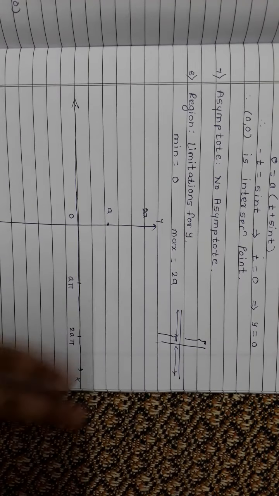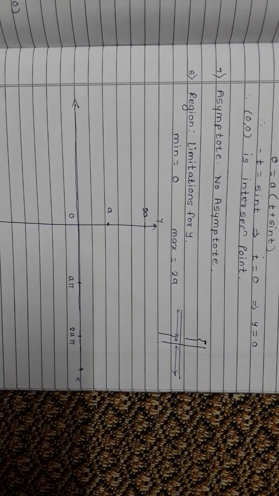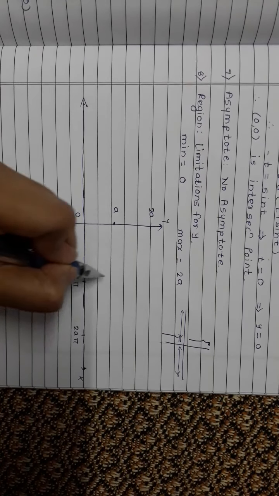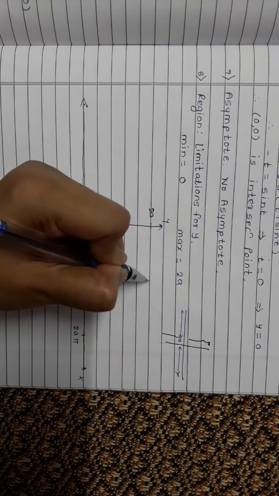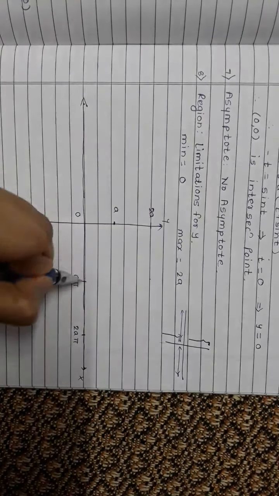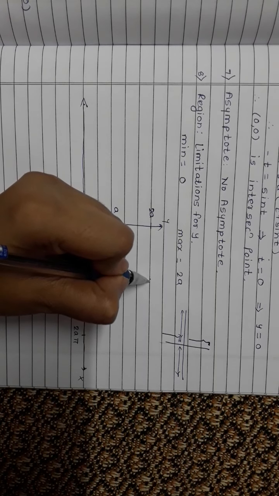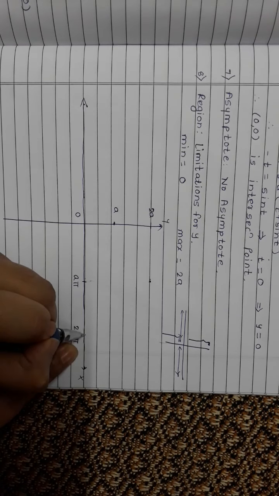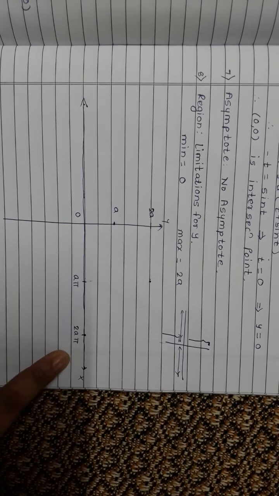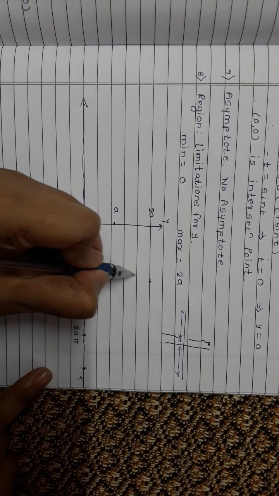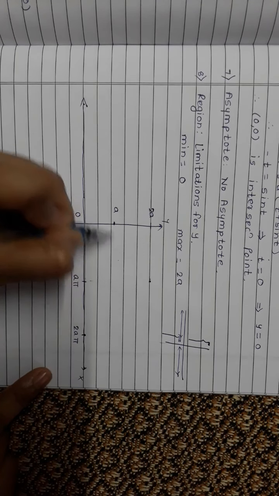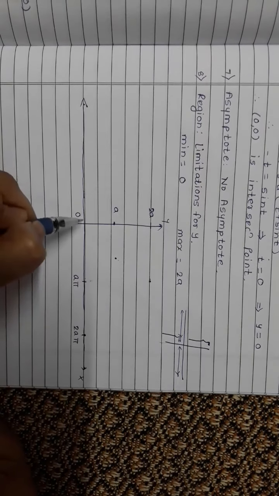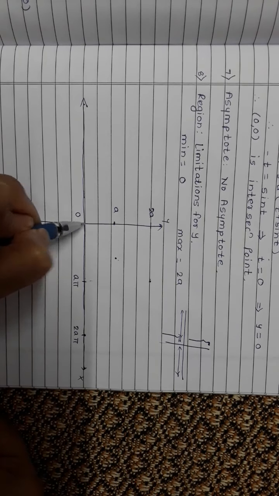On this side I'll plot, and the same thing will appear here also, right? So for a pi and 2a, this is the point. Then at 2a pi it becomes 0, and somewhere in between is the first point at a, right? So let's try to trace this.